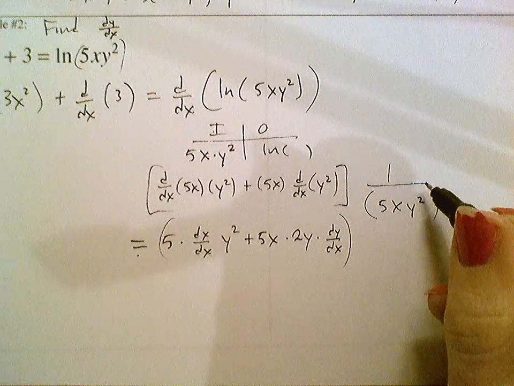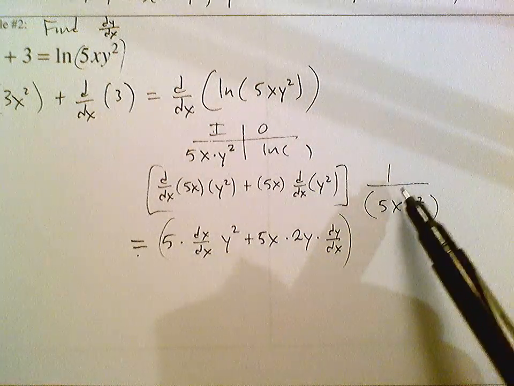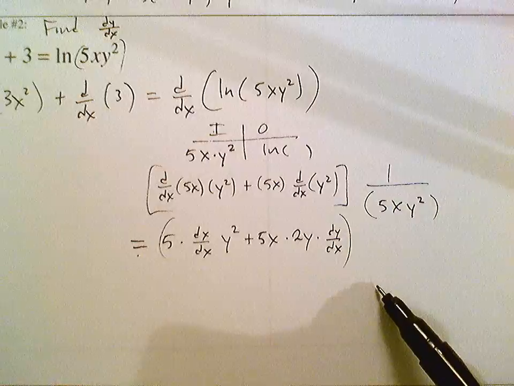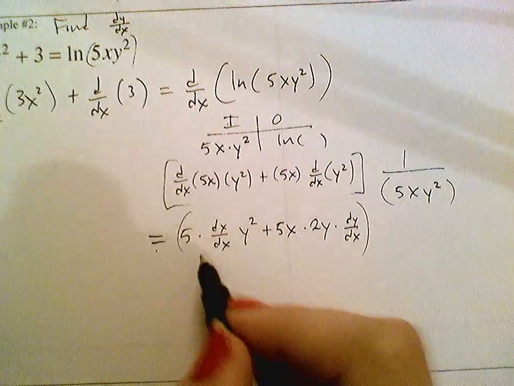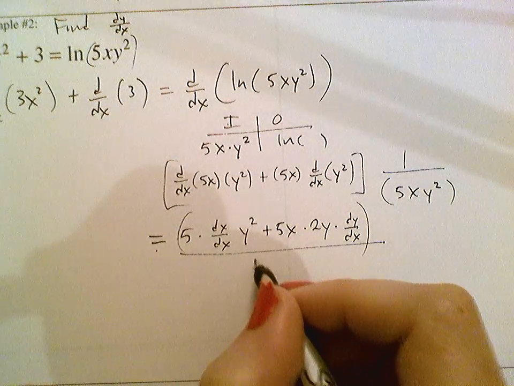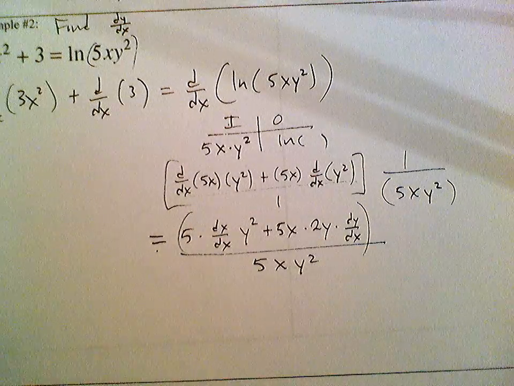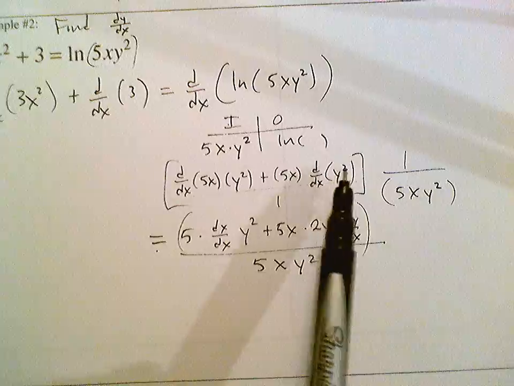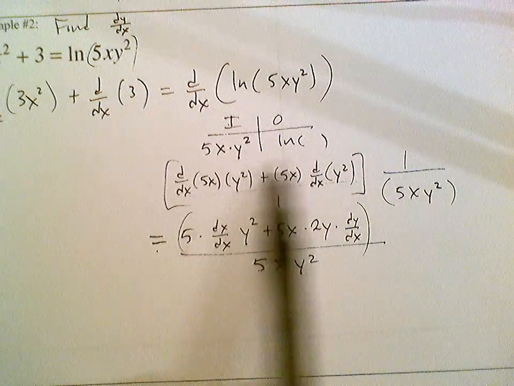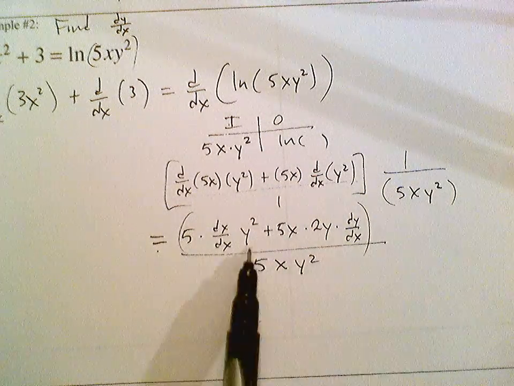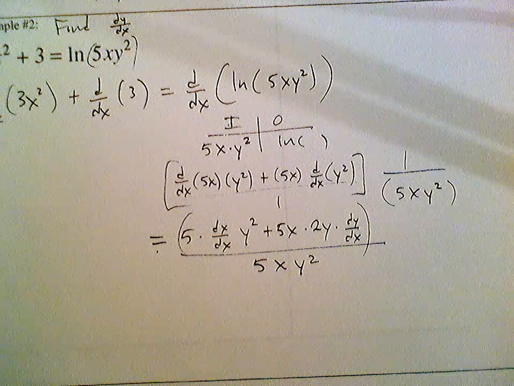And then this comes down. Guys, instead of bringing this down as 1 over 5xy squared, I'm just going to go like this. Because really, that whole thing is over 1. When you're multiplying fractions, you just multiply the numerators and you multiply the denominators. So we would end up with just one fraction like that.